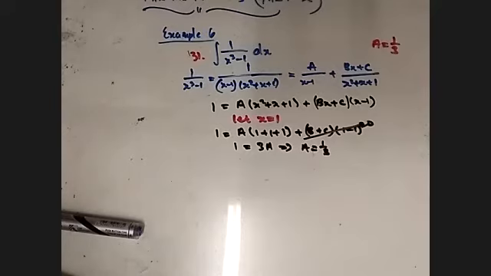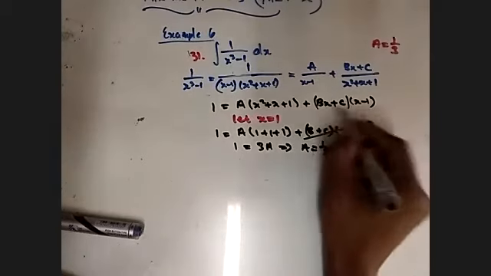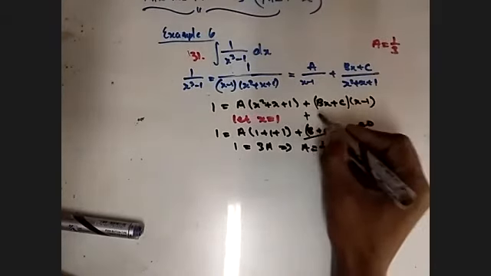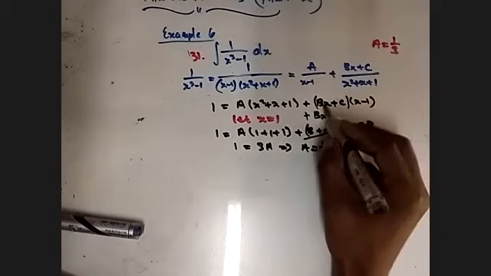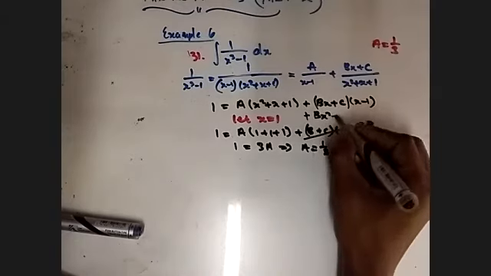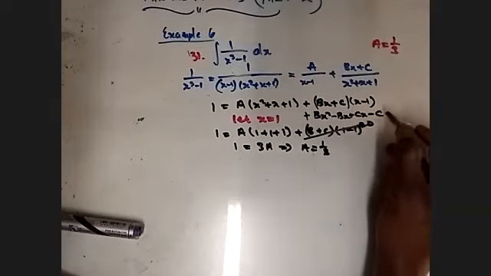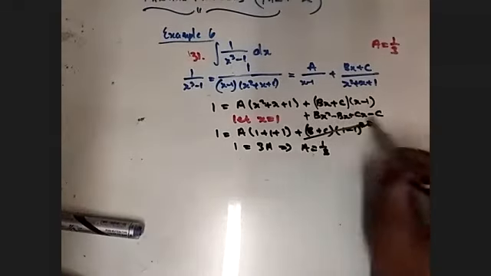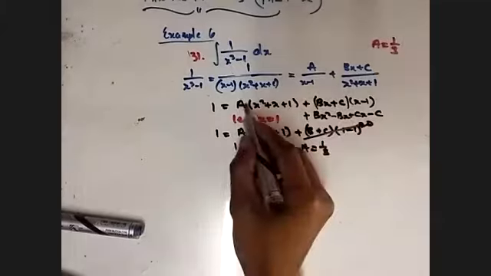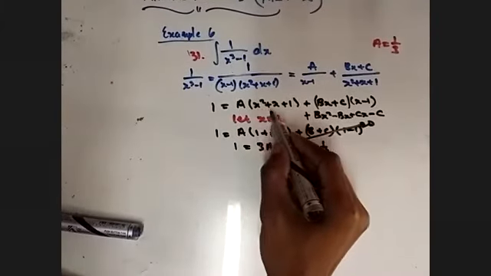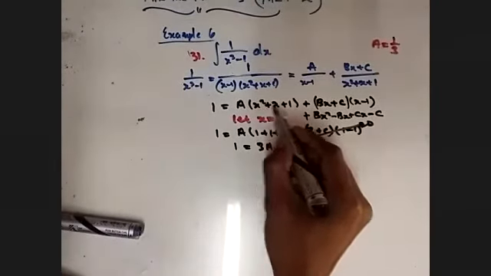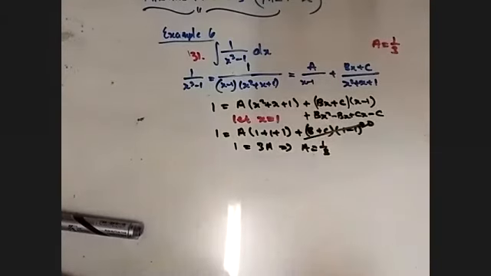1/3. Now let us see the expansion of this. The expansion of this is just Bx squared minus Bx plus Cx minus C. So this expansion is just 1/3 x cubed, 1/3 x squared plus 1/3 x plus 1/3. I'm trying to check how I am going to approach this one.